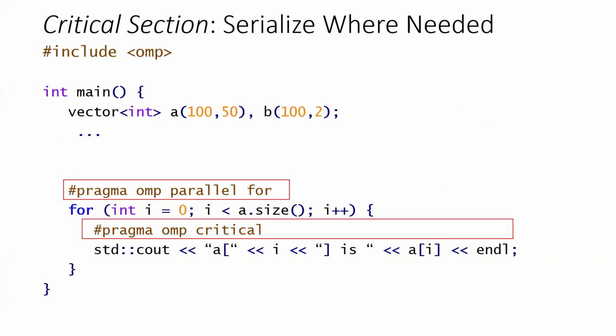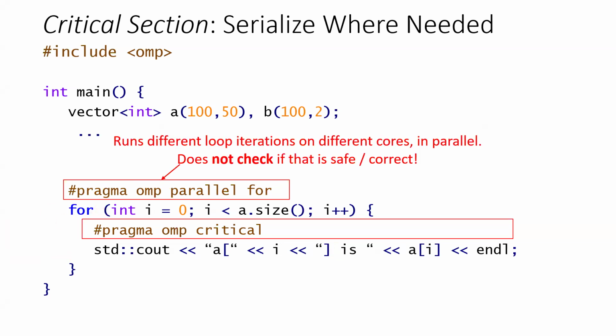Critical sections are for you to use in the cases where you will need to serialize code. The pragma OMP parallel for does not check if parallelizing is safe or correct, so you'll have to check it and place the pragma OMP critical where needed.